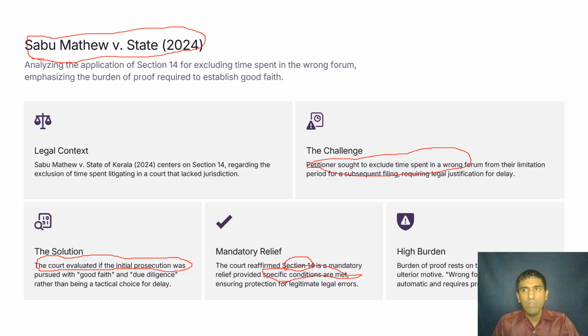That said, the case also established that the burden of proof regarding what sort of motives you had for fighting the case in the first court in the first place rests on the plaintiff.